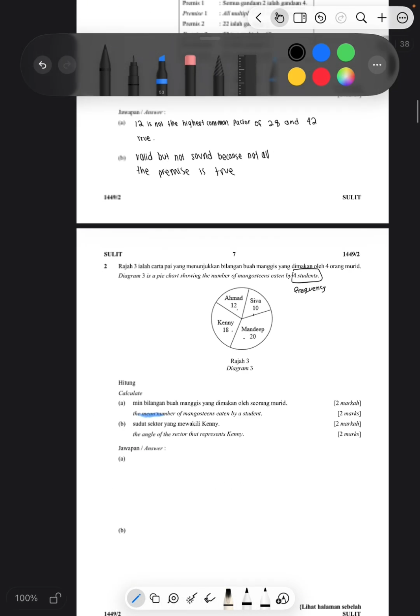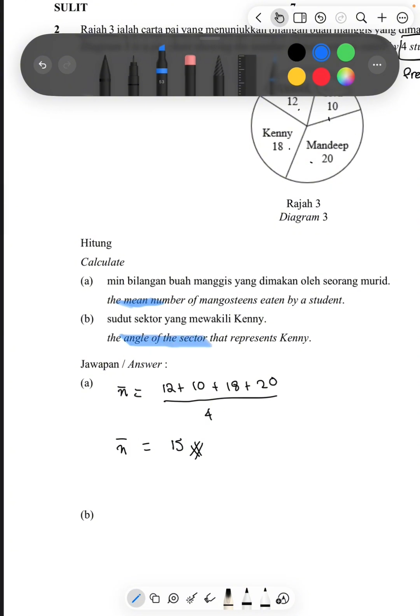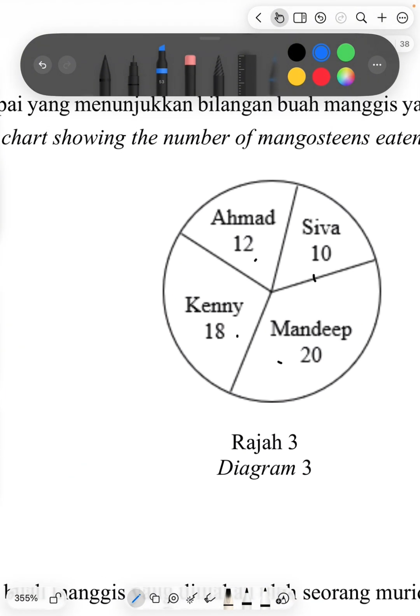So all you have to do is take 12 plus 10 plus 18 plus 20 over 4, and you get 15. That's the mean.